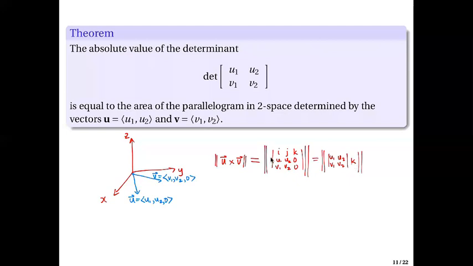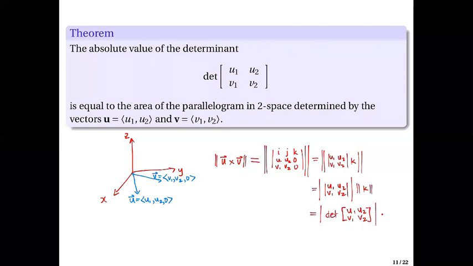And therefore, this is a scalar, this is a vector, so this becomes the absolute value of the determinant u1, u2, v1, v2, and then the norm of k. But k is a unit vector, so that's just 1. Which means you just have the absolute value of the determinant of the matrix u1, u2, v1, v2.